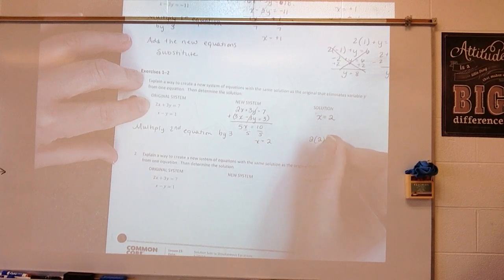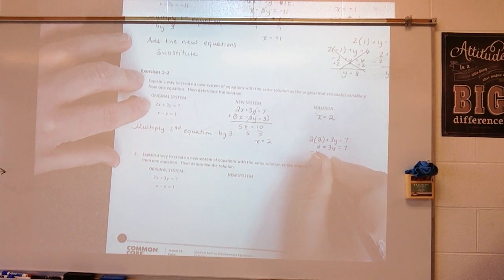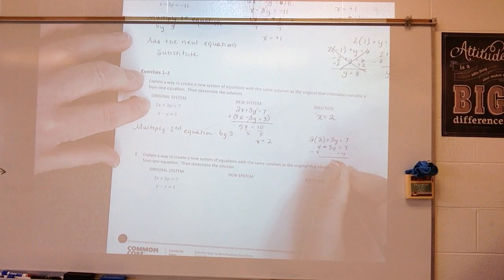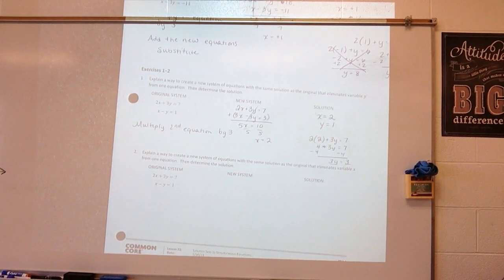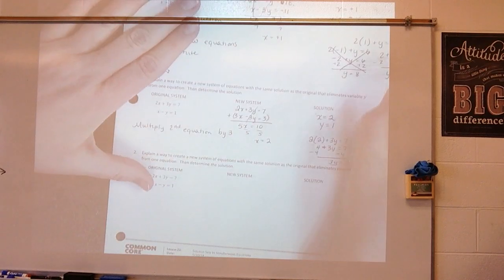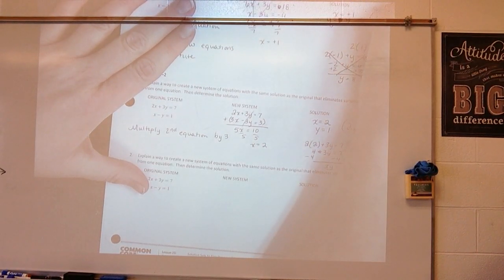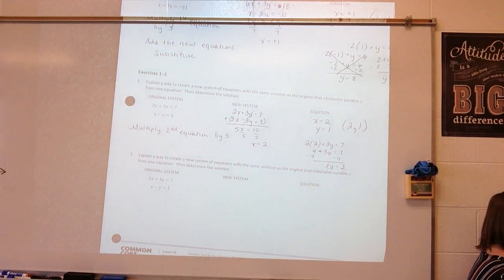So 2 times 2 plus 3y is equal to 7. So 4 plus 3y is equal to 7. Subtract your 4. 3y is equal to 3. Divide by 3. Y would be equal to 1. All right, so my solution, I would write it as 2, 1. I didn't rewrite this one up here, but it would be 1, 4.